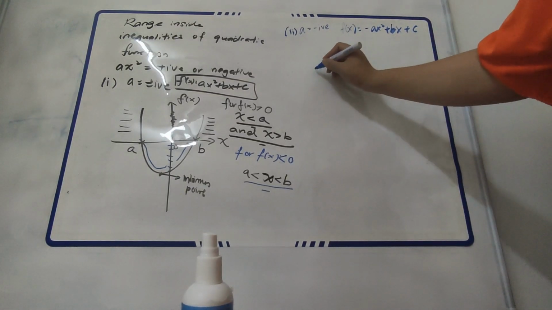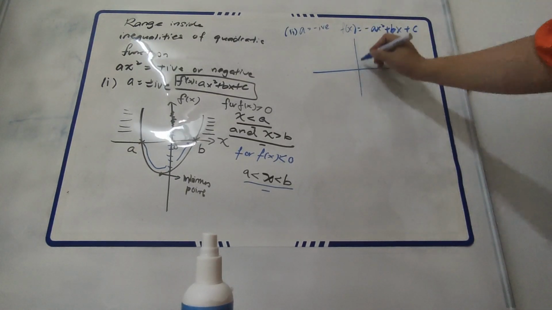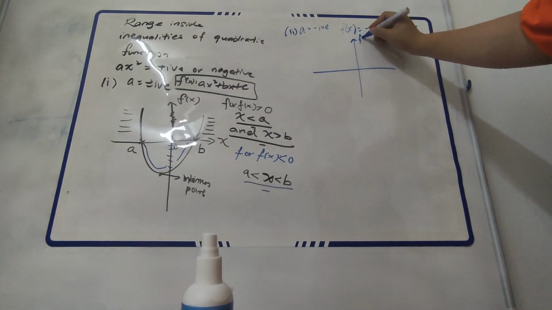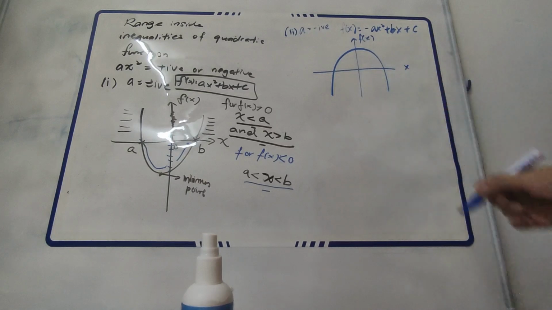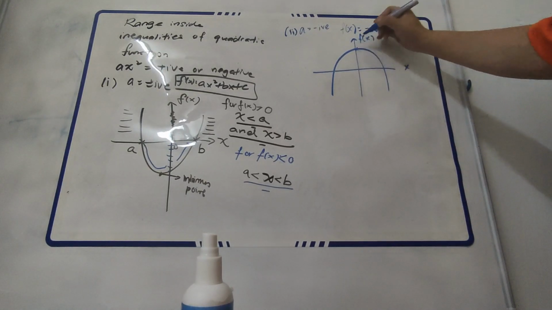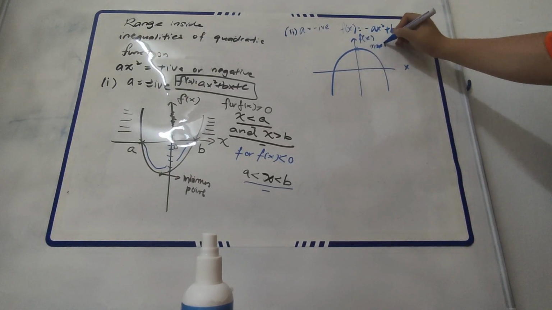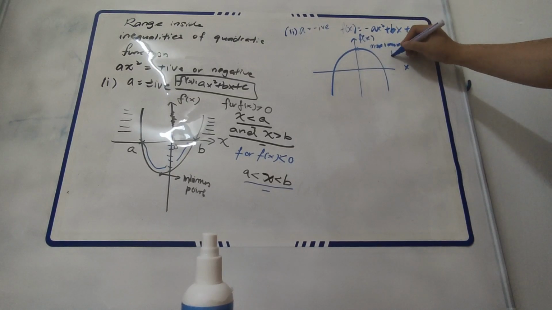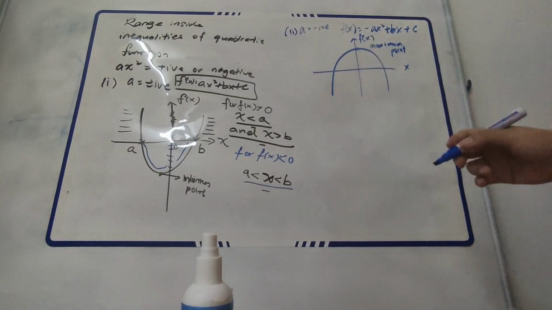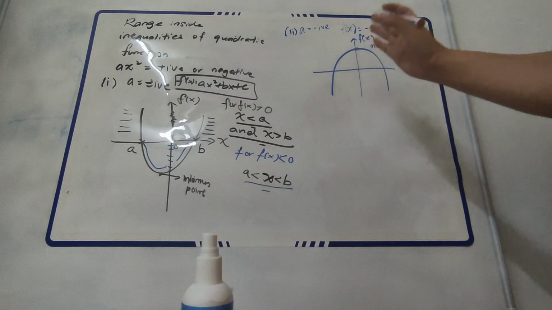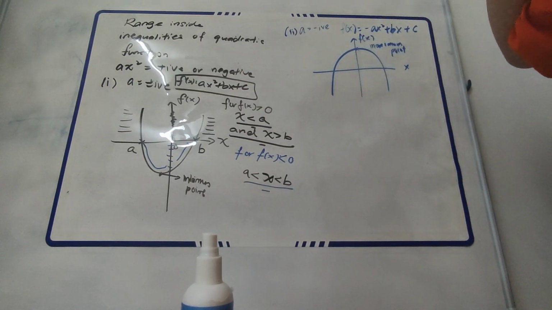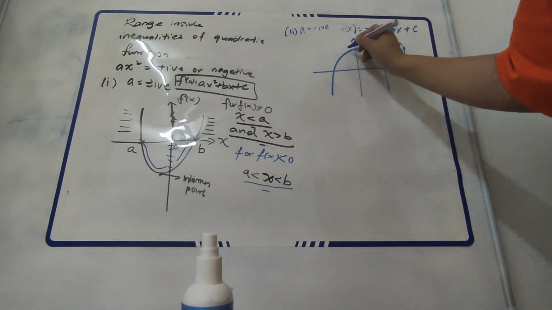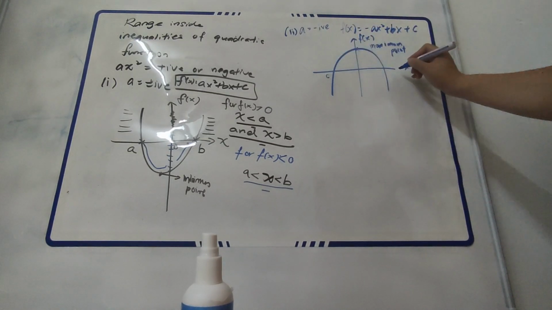So you will have a quadratic curve where of course here is the maximum point, not important also, but when f(x) equals 0, that means x passes through c and d.